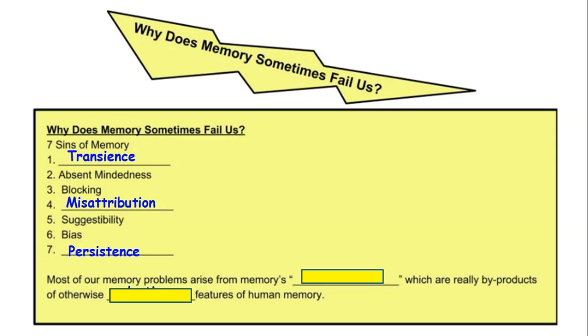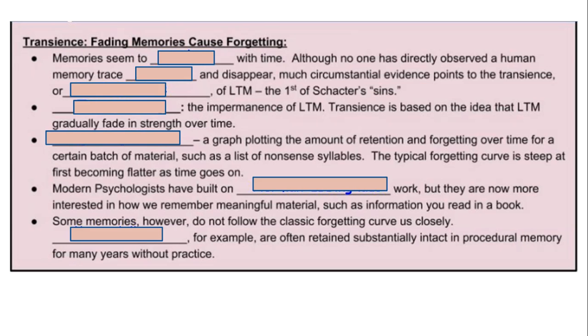Most of our memory problems arise from the memory's 7 sins, which are byproducts of otherwise adaptive features of our human memory. Transience is the fading of memories that causes forgetting.